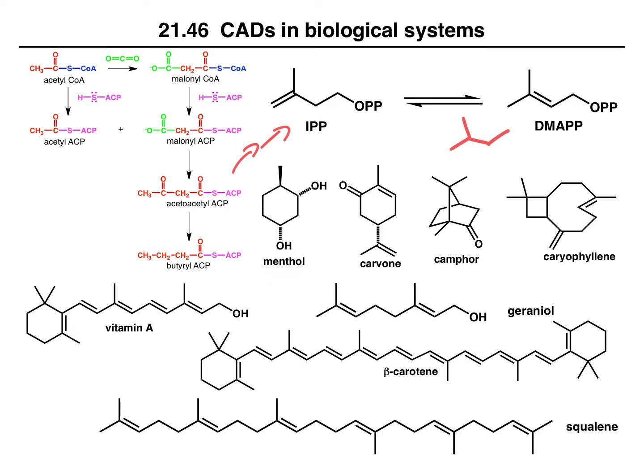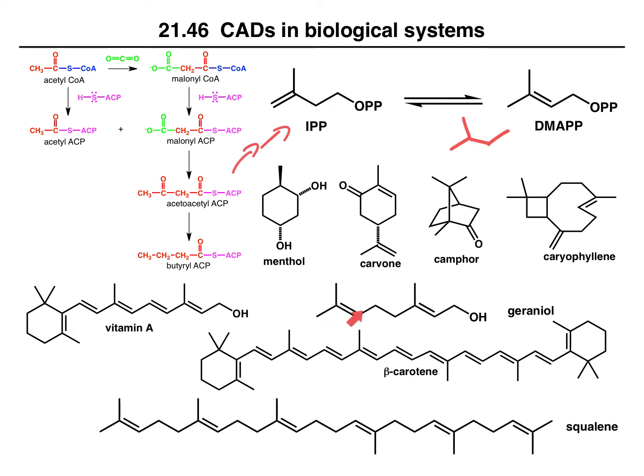This is menthol, which is in peppermint. This is carvone, which we worked with in lab, and so one enantiomer is spearmint and the other one is caraway. This is camphor, so this is another terpenoid, and this is Vicks VapoRub. Right? A lot of spices have terpenes, so caryophyllene, the Pac-Man compound, this is a major component in the essential oil of cloves.